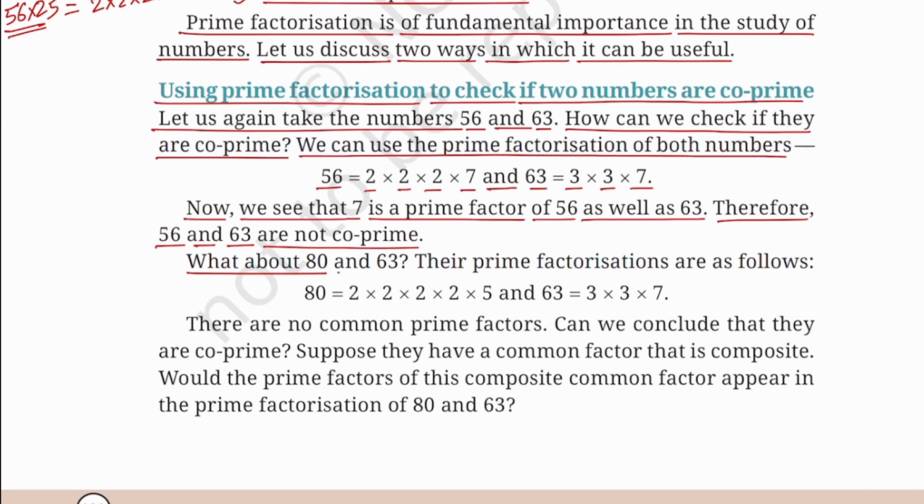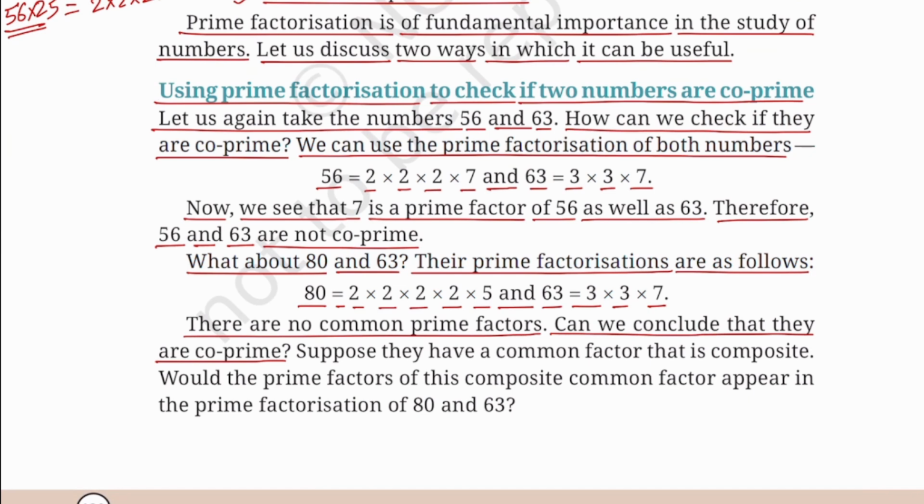What about 80 and 63? Their prime factorizations are as follows. 80 is equal to 2 into 2 into 2 into 2 into 5 and 63 is equal to 3 into 3 into 7. There are no common prime factors. Can we conclude that they are co-prime?